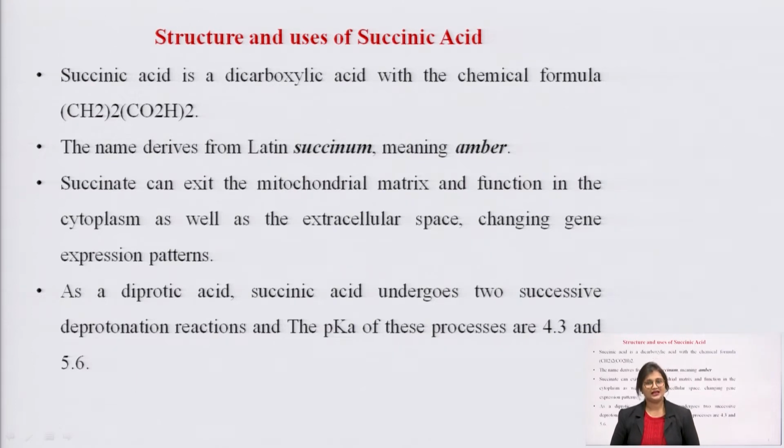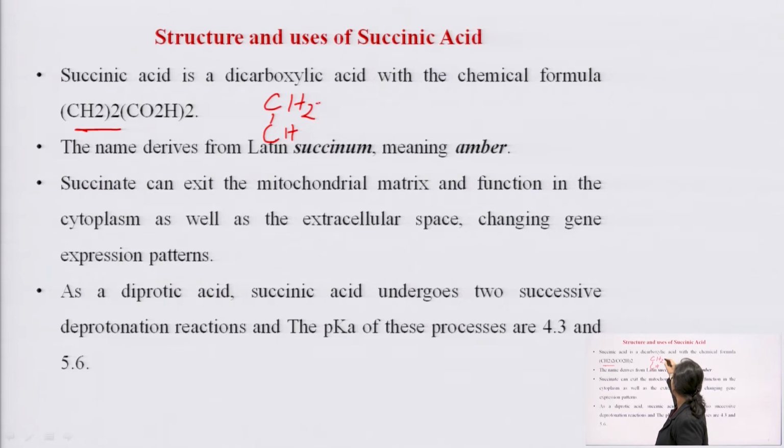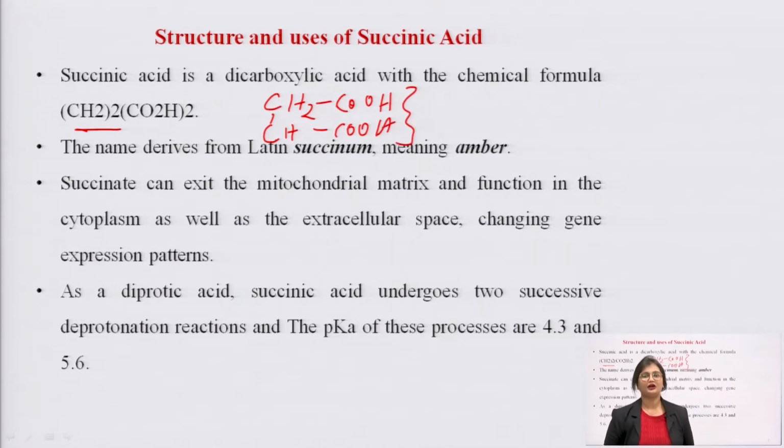Now, succinic acid is a dicarboxylic acid, that is, it contains 2 COOH groups. It has a chemical formula CH2 twice, COOH twice, having 2 carboxyl groups. The name derives from the Latin word succinum, which means amber.